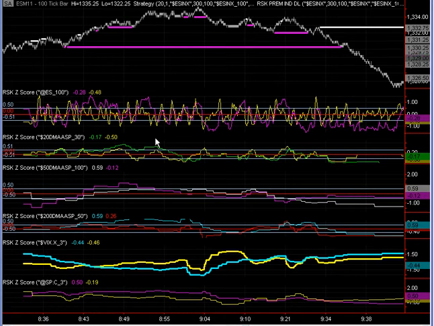Now internally in the code we set up certain rules that need to be met with respect to each of these indicators. So, for example, there are two components to the z-score.